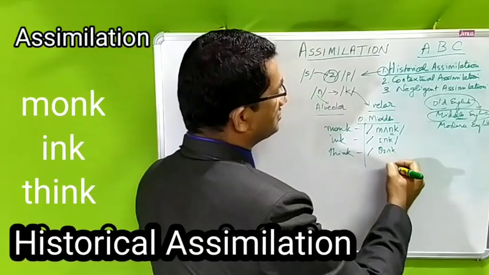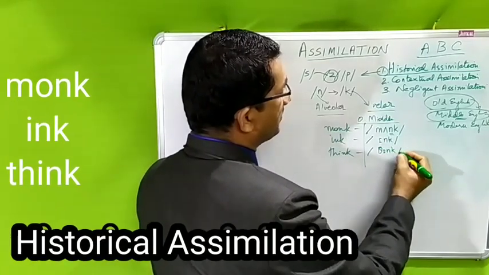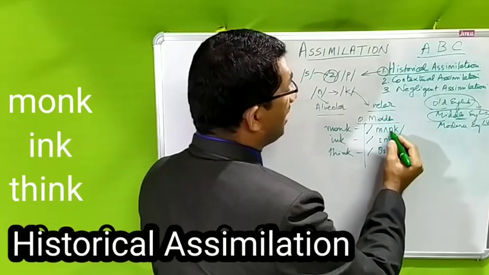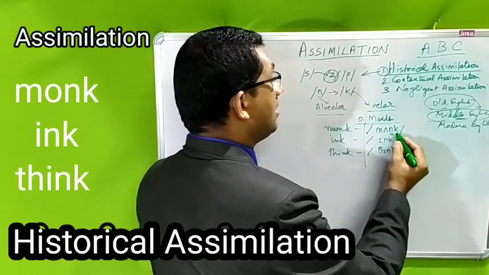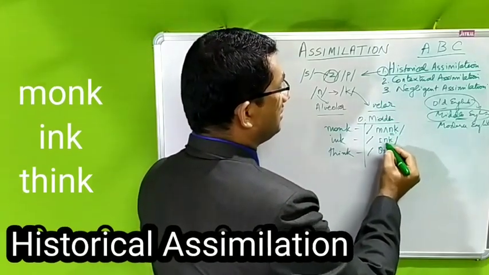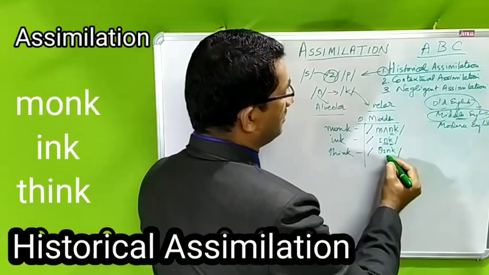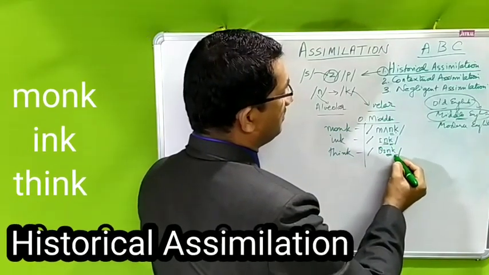We have the alveolar n and the velar k. We have the alveolar n and the velar k. Here again, alveolar n and velar k.